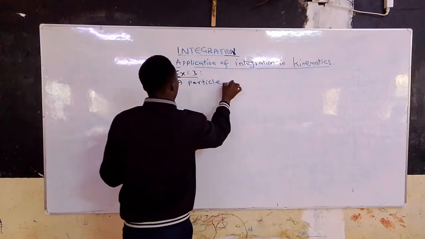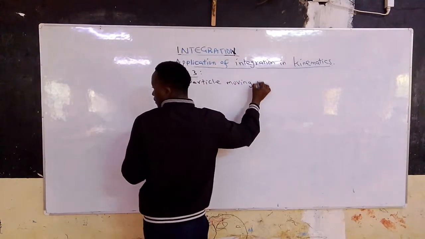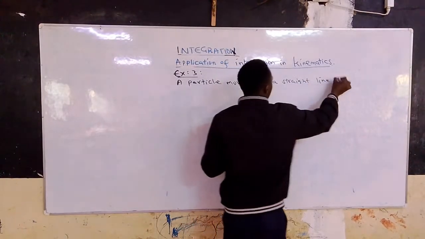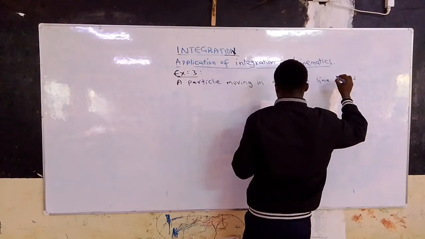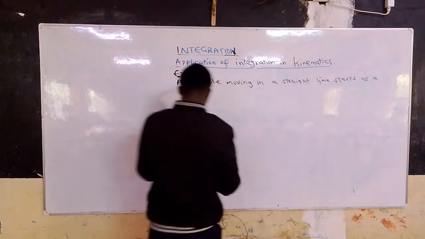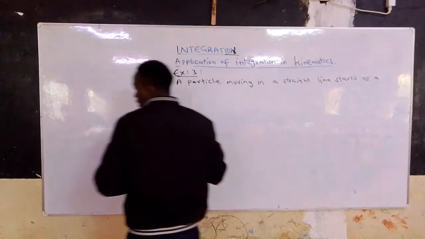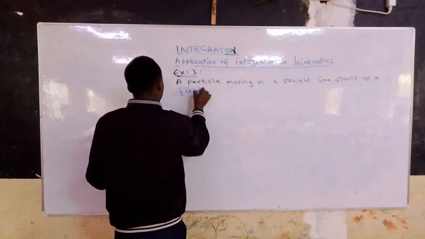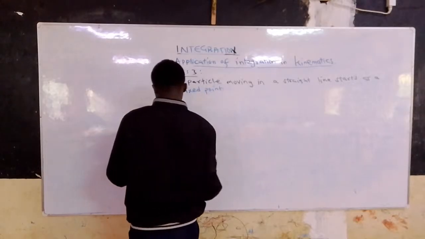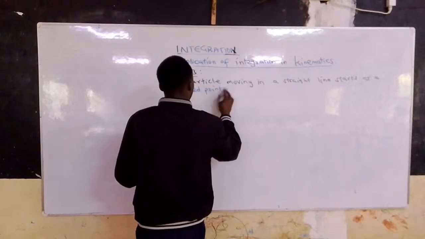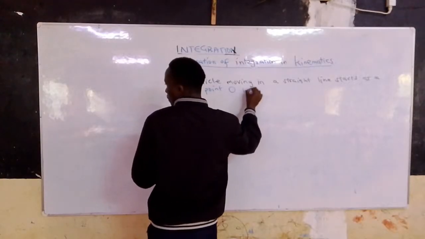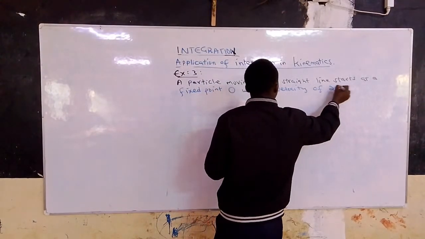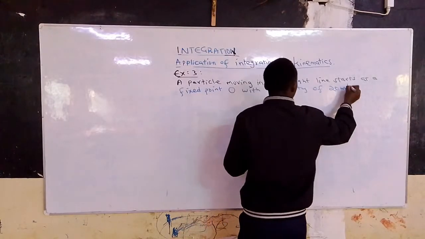A particle moving in a straight line starts at a fixed point with a velocity of 20 meters per second.